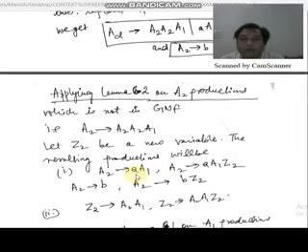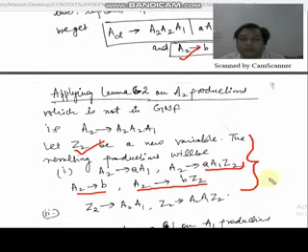The original production was A2 to a A1, but introducing Z2 gives you the new production A2 to a A1 Z2. Similarly, the A2 to b production, which was already in GNF, after introducing the Z2 variable, we will get A2 to b Z2. So this becomes the set of new A2 productions.